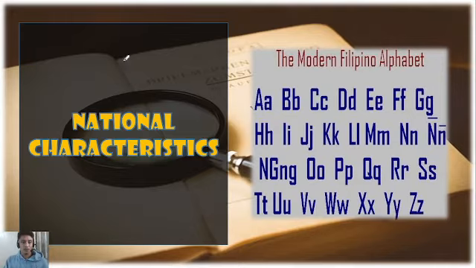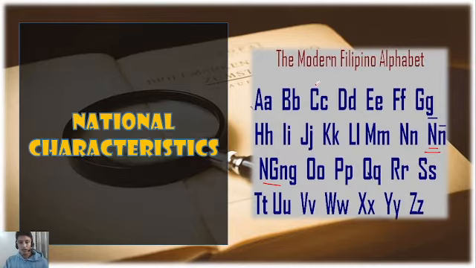So those are also the national characteristics. Those are national characteristics of handwriting also of the other countries. So we have here in the Philippines, it's almost the same with the English alphabet. However, we have here the added letters, okay, or group of letters, the Nye and then the NG.